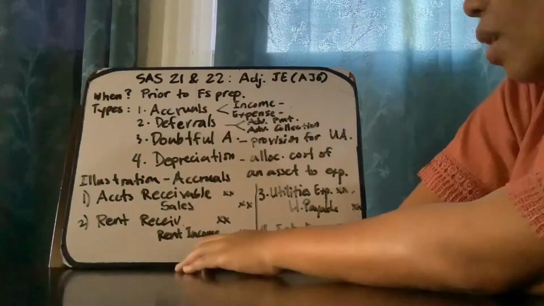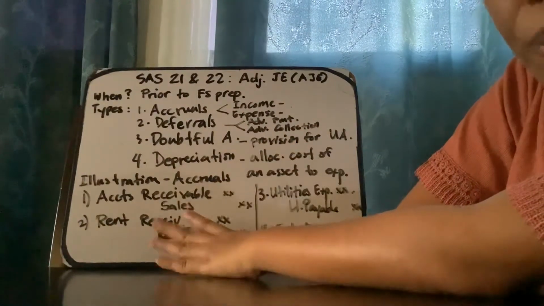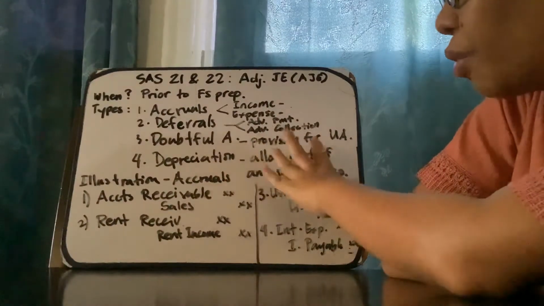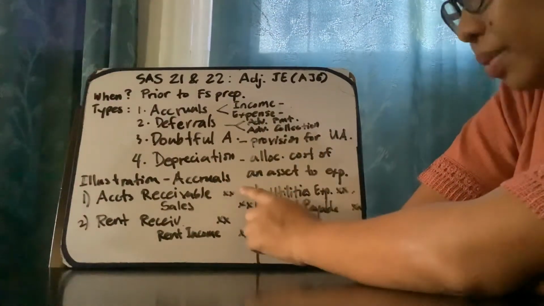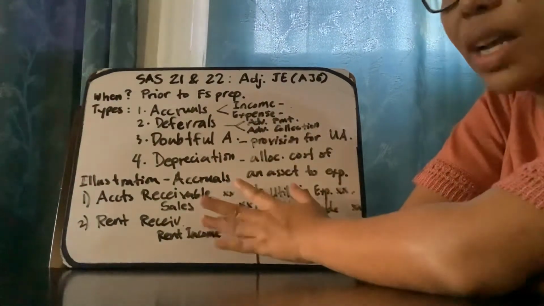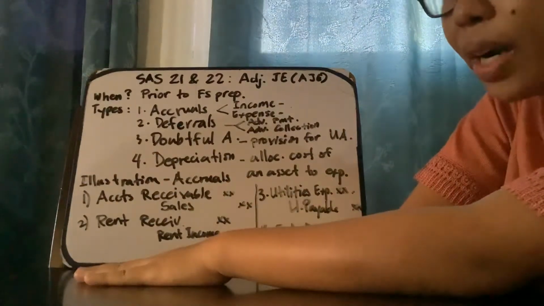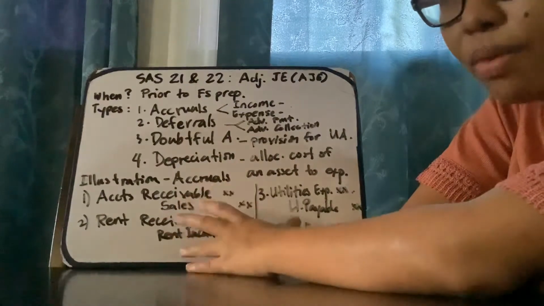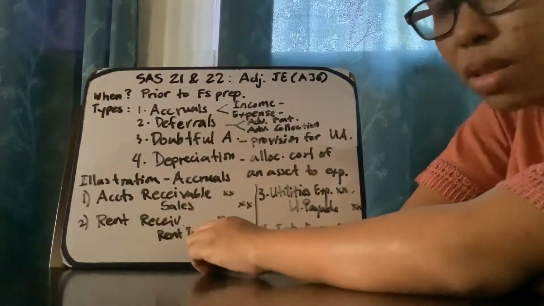Now, let's try to picture out how are we going to apply these types. So first, we have accruals. Sa accruals, I know this is not difficult on your part. Kay familiar naman mo sa mga accounts involved in recording accruals.